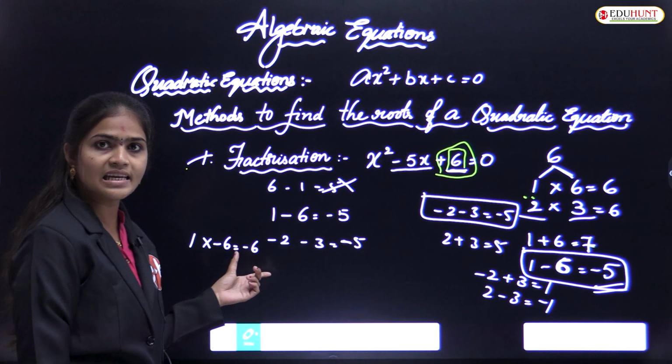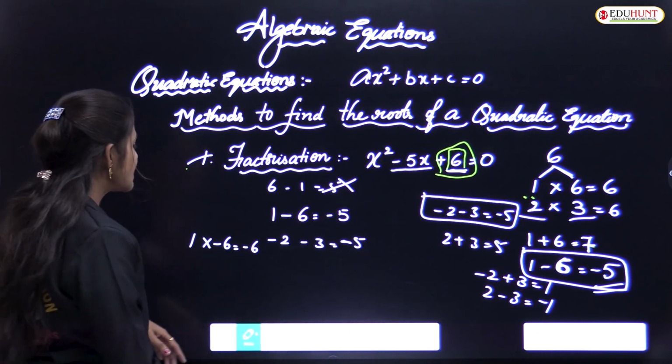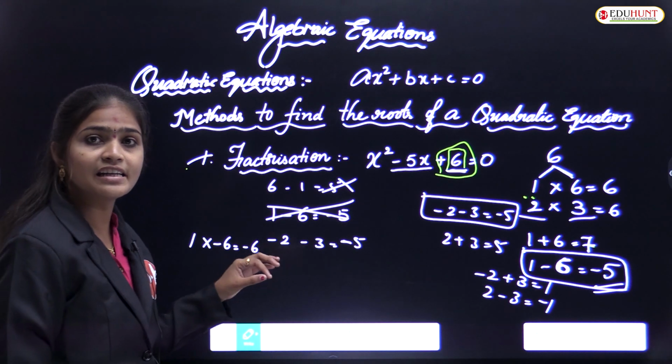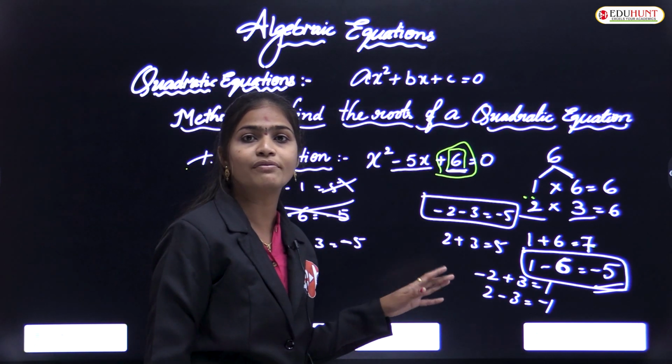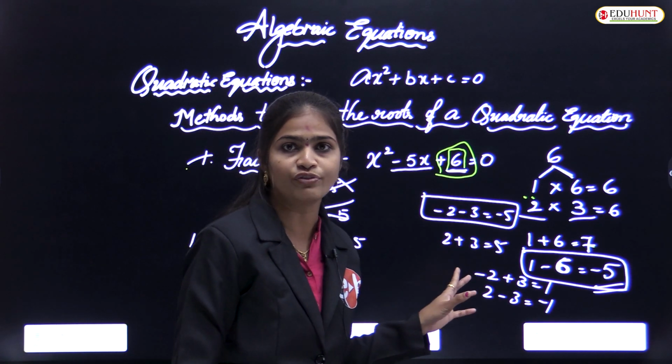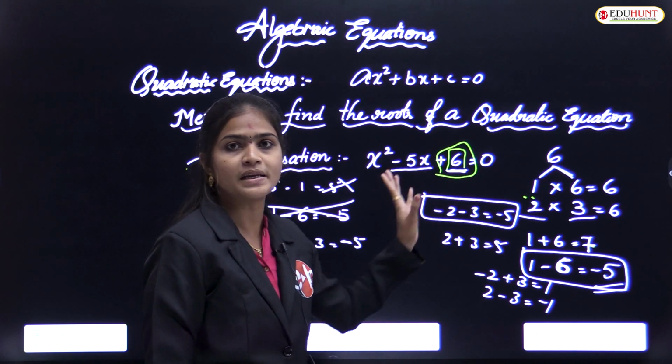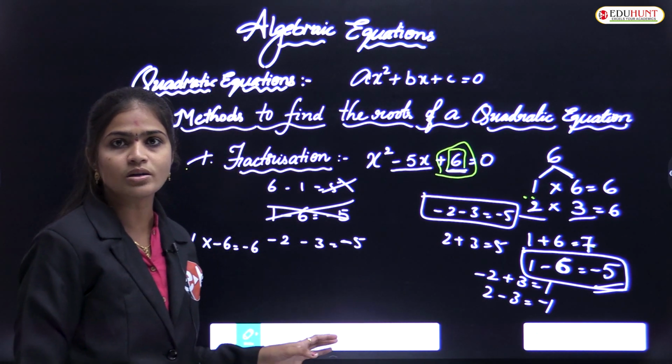Those two are not the same, that's why this is not satisfying. The difference is giving that answer, but when you take the product of those two factors, 1 and minus 6, it is not equal to plus 6. So that's why that is not satisfying.